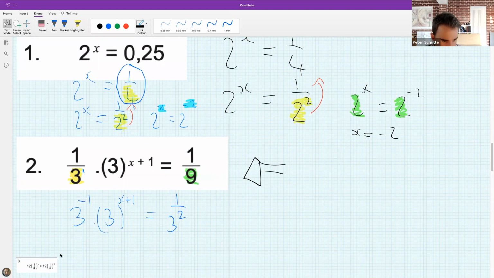However, at the moment, the bases are not the same on both sides, because this 3 squared is 9, but it's hanging out on the bottom. So now I need to bring this to the top. And when I do that, I'm going to get 3 to the minus 2 over here.